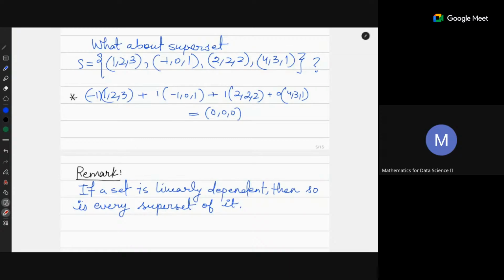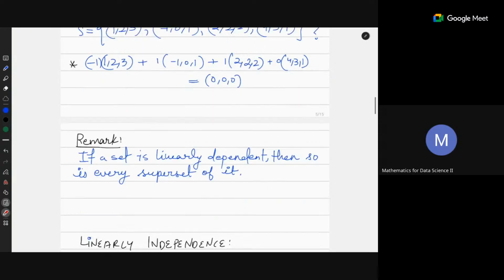So now look at the combination. I need to express the 0 vector in terms of these 4 vectors, with not all of the coefficients 0. So I can take the last vector's coefficient to be 0. So this doesn't matter anymore. Only the last 3 vectors will matter, and we already know they are dependent. So we will get the new superset also being dependent.